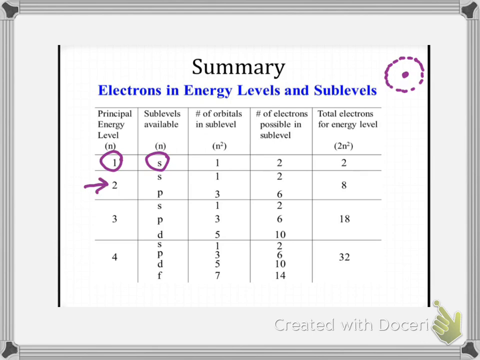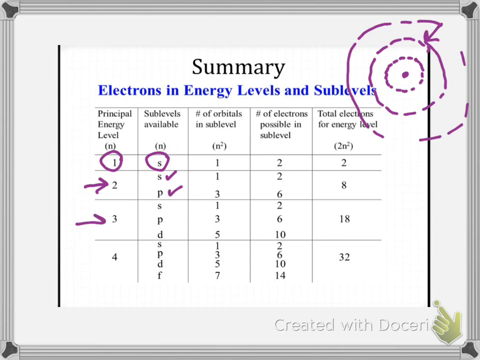Energy level 2 is the second area outside the nucleus. See this? Now it's bigger, so it has S and P. Do you see that? The third energy level is the third space outside the nucleus. It has S and P and D. And the fourth energy level has S and P and D and F. Okay, so the bigger it gets, the more sublevels that it can hold.